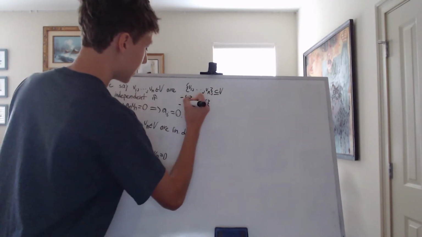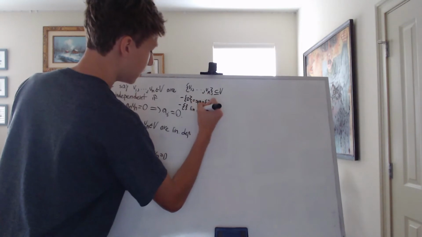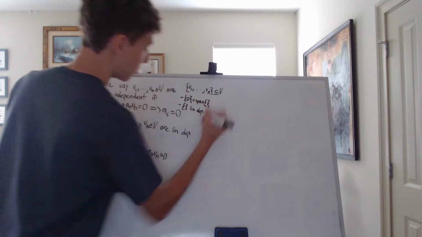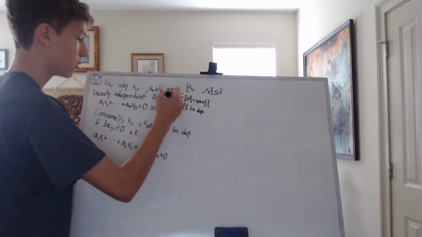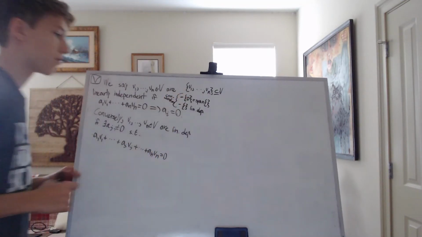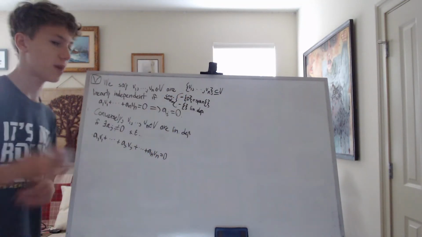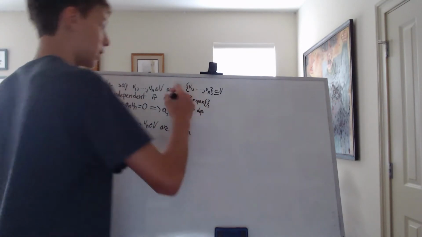And also, we say that the empty set is by definition linearly dependent. So those are the two conventions. They don't really have much mathematical rigor behind them. They're just conventions that we have, right?